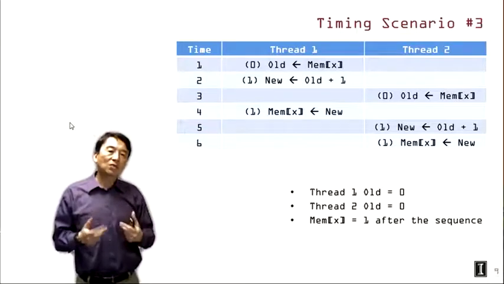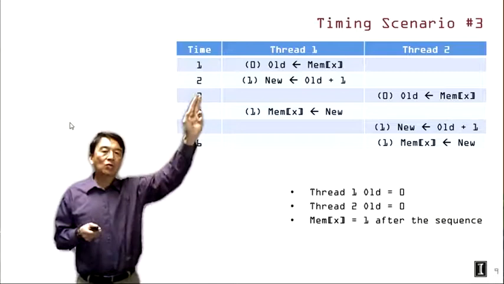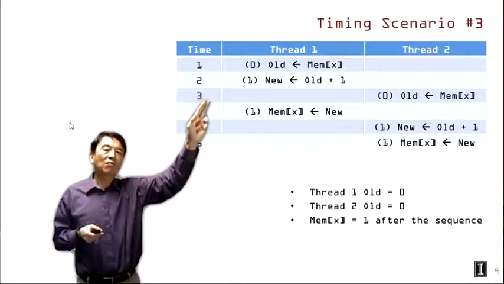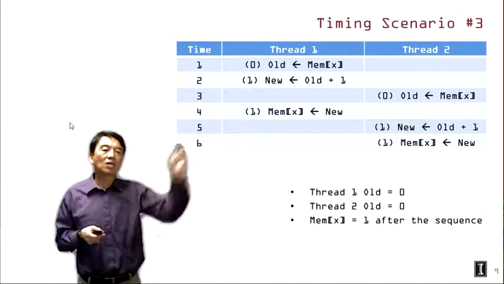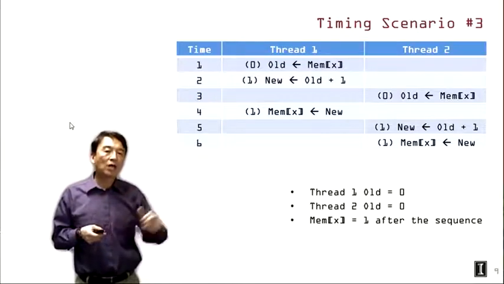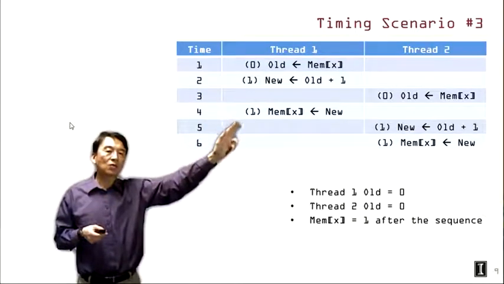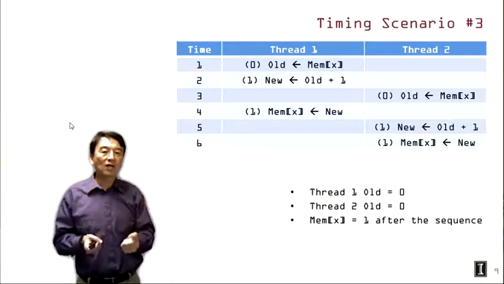Timing scenario 3 is not as pleasant. We can have a situation where thread 1 reads and modifies, but before it has the chance to do the write, thread 2 comes in and reads that memory location. So both thread 1 and thread 2 will receive value 0 for the original value.